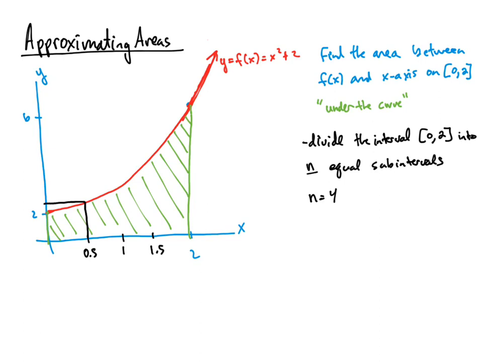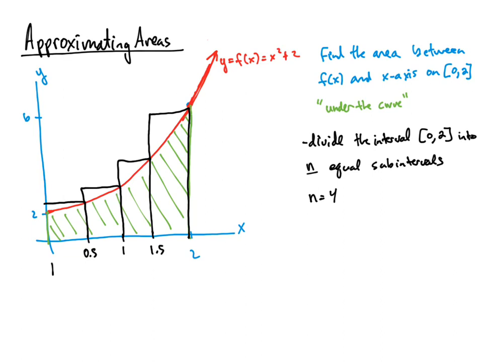I'm going from 0.5 up to the function value, and then here we're going to go from 1 over, 1.5, and then at 2, like this.